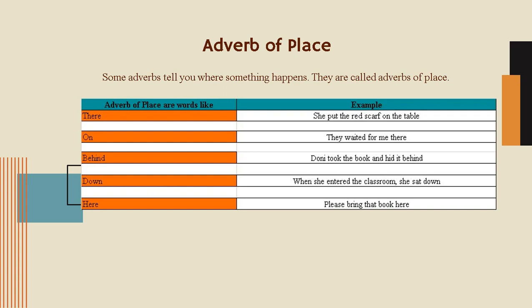On, for example, they went for me on there. Behind, for example, Dania took the book and hid it behind. Down, for example, when she entered the classroom, she sat down. Here, for example, please bring the book here.